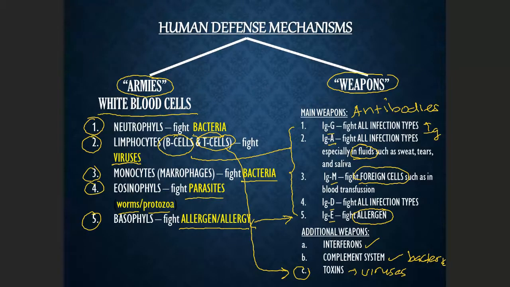This toxin, produced by the T cell, will also destroy the cancer cell. So the cancer cell is usually fought by the T cell. It is destroyed by the T cell by producing the toxin.